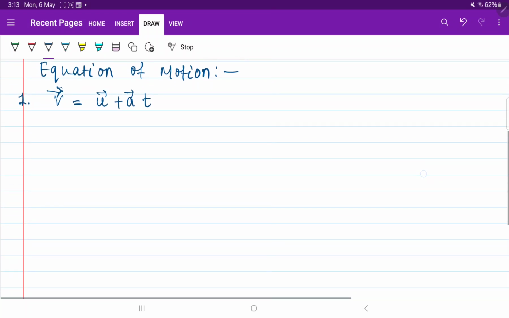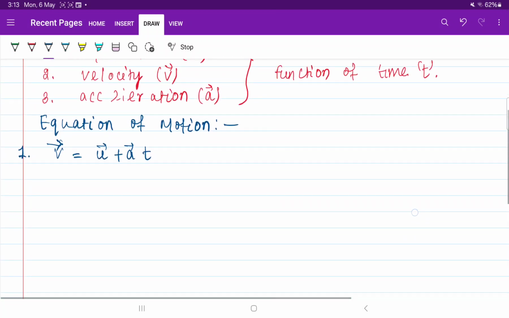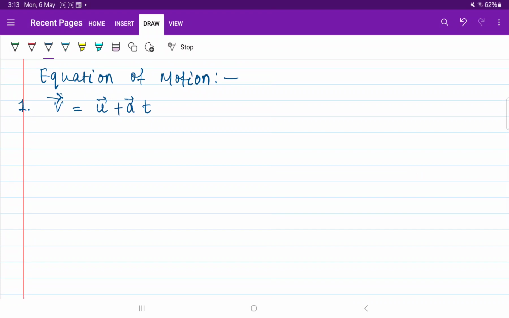You can clearly see that velocity, acceleration and displacement are vector quantities, but time is a scalar quantity, so we are not giving an arrow on top of the time.